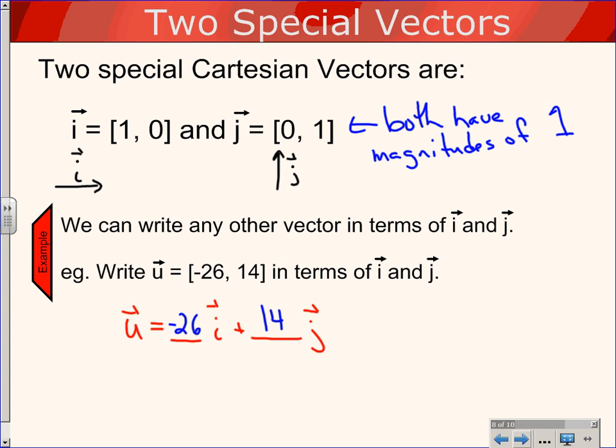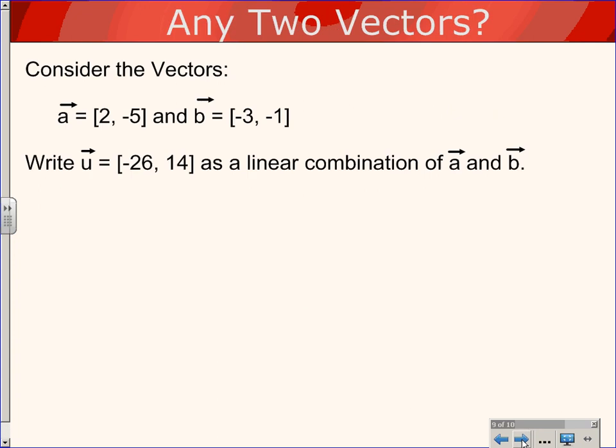Now we have one more example where basically we're going to try and do the same thing. I'm giving you two new vectors, a and b, not nearly as helpful as i and j were. And what we want to do is write vector u as a linear combination of a and b. So same thing we did before with the i and j. Can I write vector u equals some number times vector a plus some number times vector b?